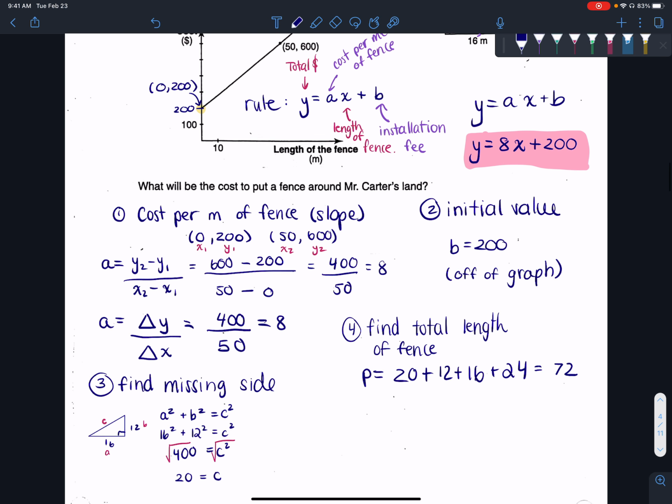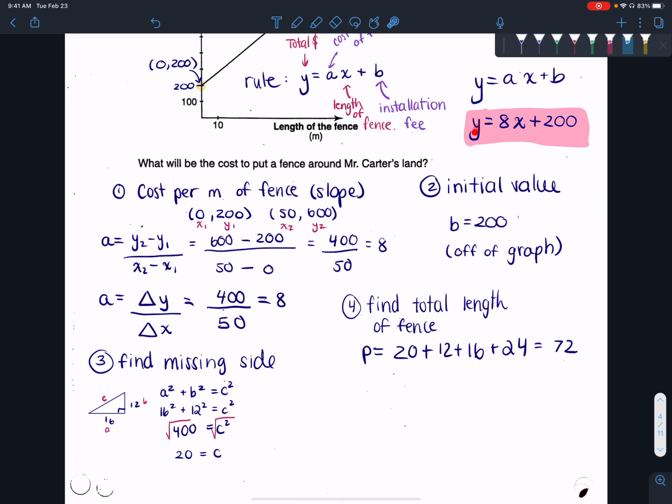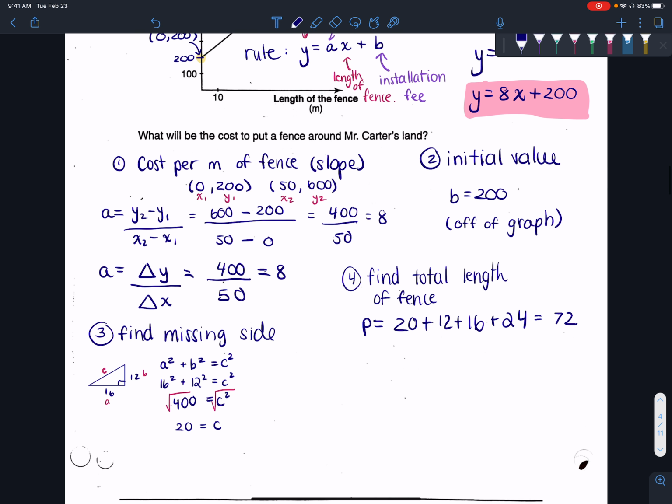And this is what needs to get plugged in to our rule that we found. So step 5 is find the cost. Y equals 8x plus 200.